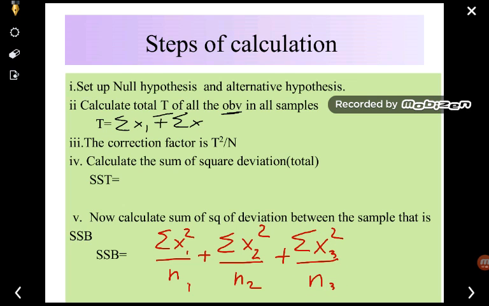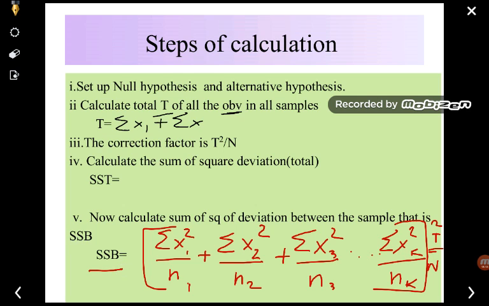In this way, till the last sample, summation of xk whole square by nk, minus T square by n. So we find the SSB this way, minus T square by n. The correction factor step is very important in calculating the SST.